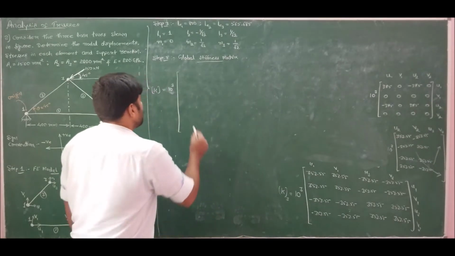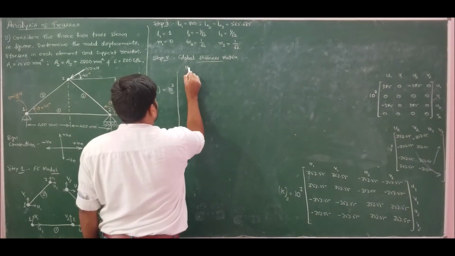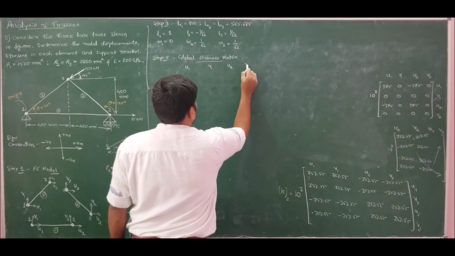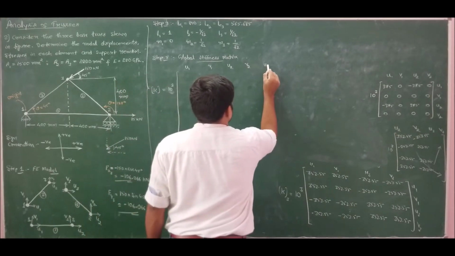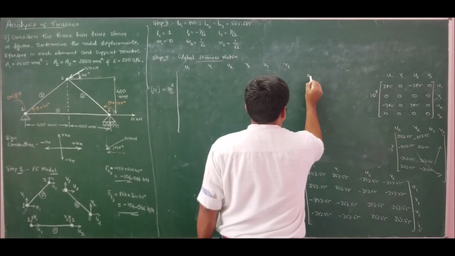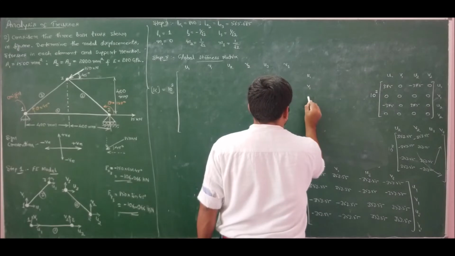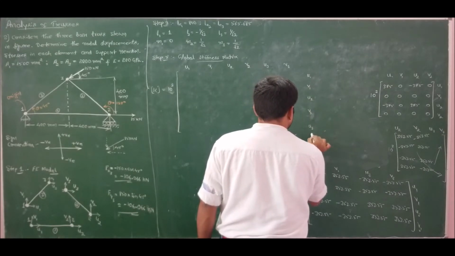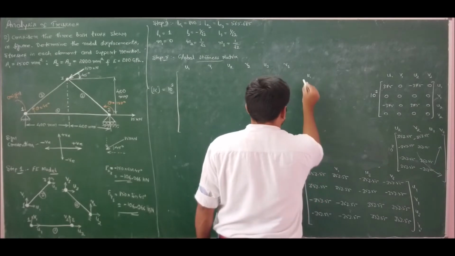These 6 are unknown displacements which are to be calculated: u1, v1, u2, v2, u3 and v3, along the rows and columns.